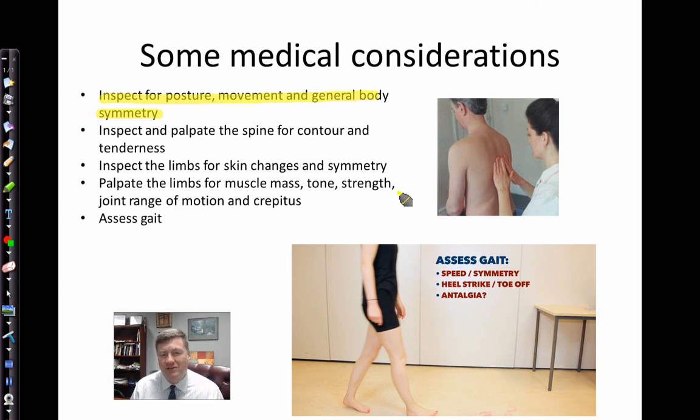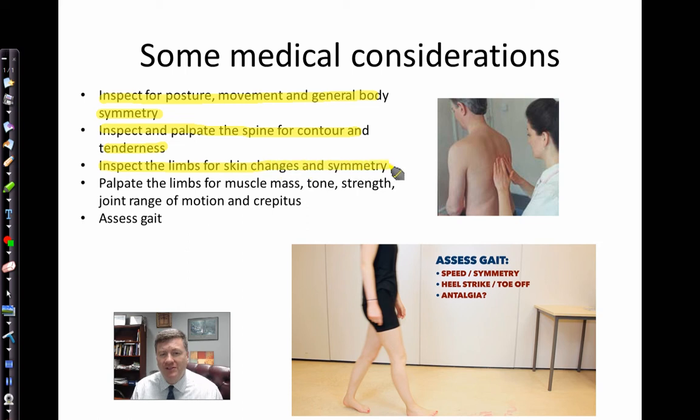Again, these are all things that we're looking for in a general assessment, just as a predictor of potential issues down the road. Inspecting and palpating the spine for contour and tenderness. Once again, looking for changes that might indicate potential problems with bulging discs or vertebral damage over time.